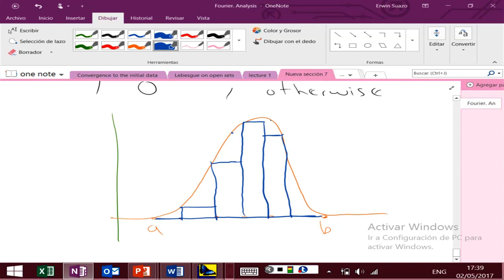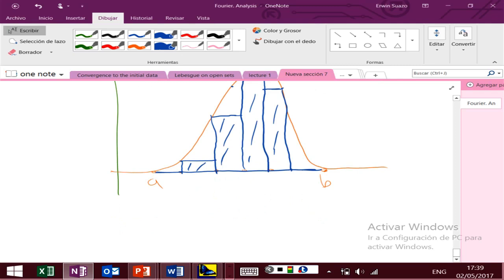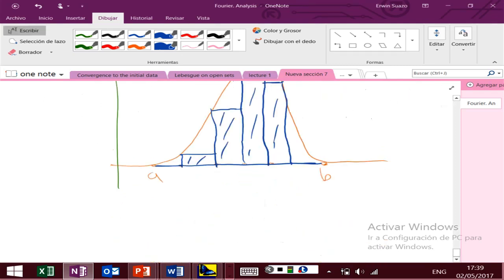Okay, so this is going to be my approximation with the inf. But the smaller I make my intervals, the better approximation I have for my integral, right? So I call this one G sub n.